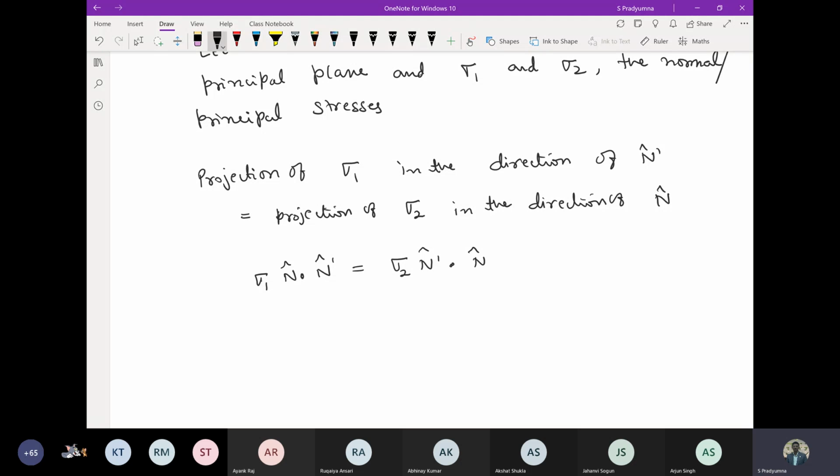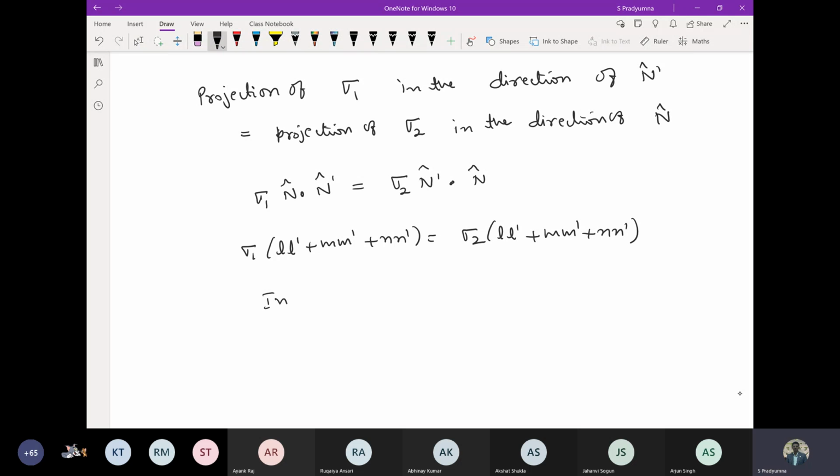Am I correct if I write like this? Yes, sir. Correct. Therefore, I can say that sigma 1 times (L L dash plus M M dash plus N N dash) is equal to sigma 2 times (L L dash plus M M dash plus N N dash). So this is what we get finally.